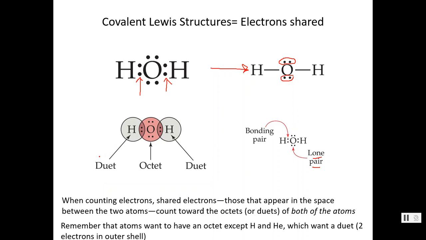It's also important to know if electrons are bonded or lone pairs, because when you count electrons to determine if the octet rule is satisfied, the ones in the space between the two atoms are counted as equally shared. So for example, the electrons between the hydrogen and oxygen that form that single bond contribute both to the octet of the central atom, but also to the hydrogen's duet.